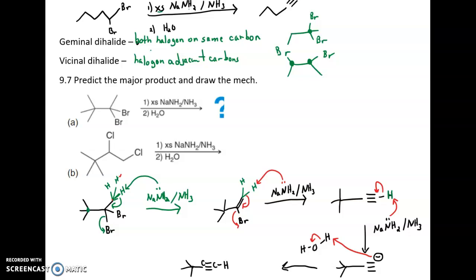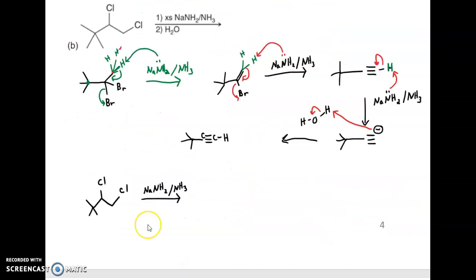Okay, so let's look at the next one. So here's our amide. It's going to want to pull off protons, so we have to figure out where the protons are. Here we have two chlorines that are vicinal, next to each other. So there's a proton here, and we'll find a proton here.